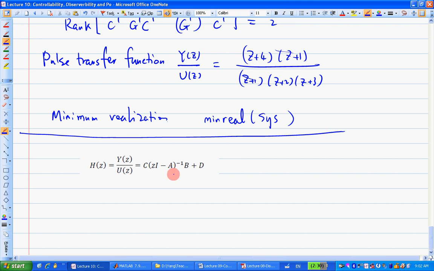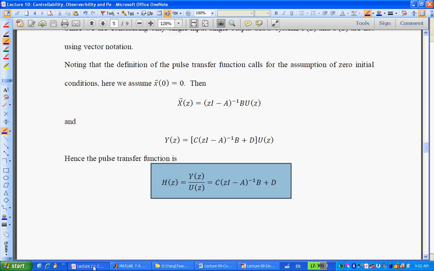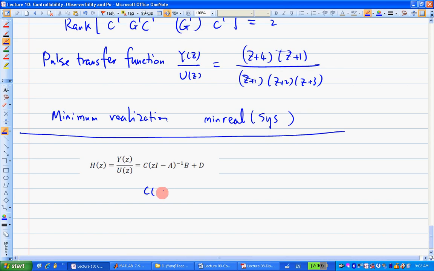So basically, in our case, what we have is C(zI minus G) inverse H plus D. That's the notation.